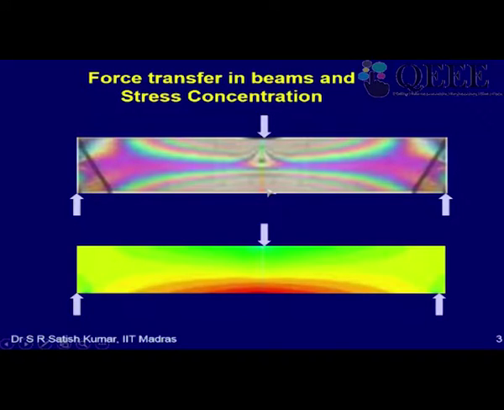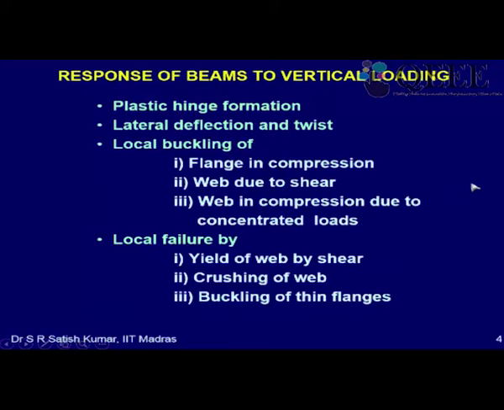So there are a variety of buckling modes in which it may fail. So I have listed some of the failure modes of beams subjected to, let's say, vertical loading, bending. First, note that I have not listed reaching the yield as one of the failure modes, because that is not leading to failure.